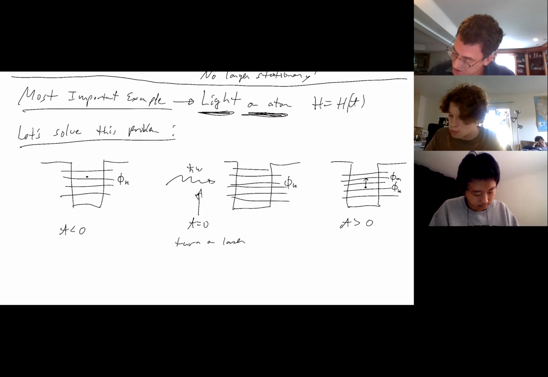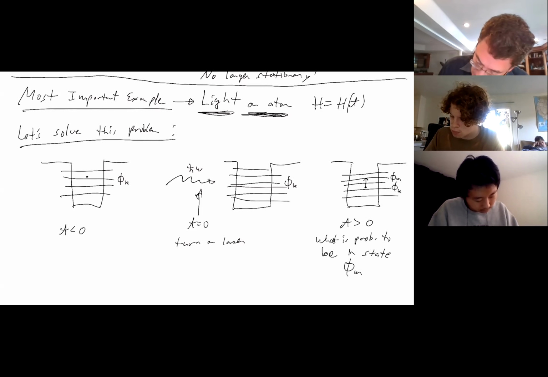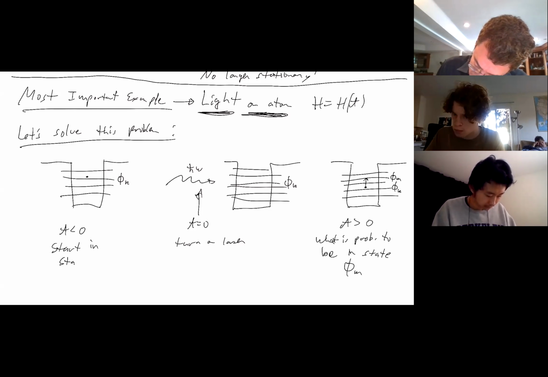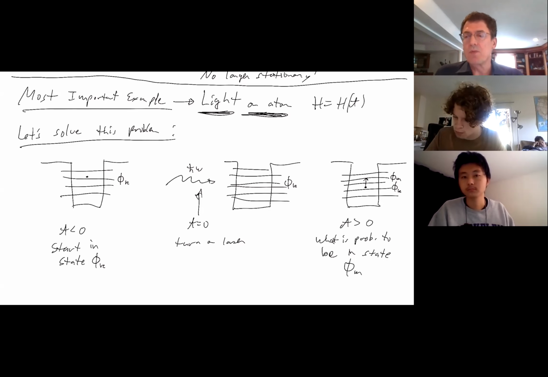At t greater than 0, what is the probability to be in state m? So we start in state k.